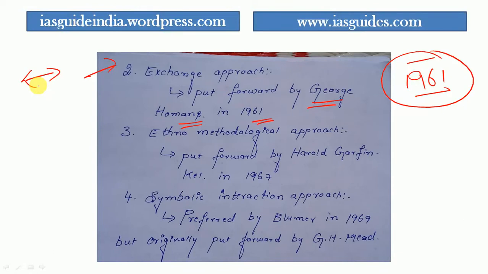I'll repeat again. The exchange approach was put forward by George Homans. He stresses the way people control another person's behavior by exchanging various forms of rewards and punishments for approved or disapproved behavior. Okay, I'll explain it again.